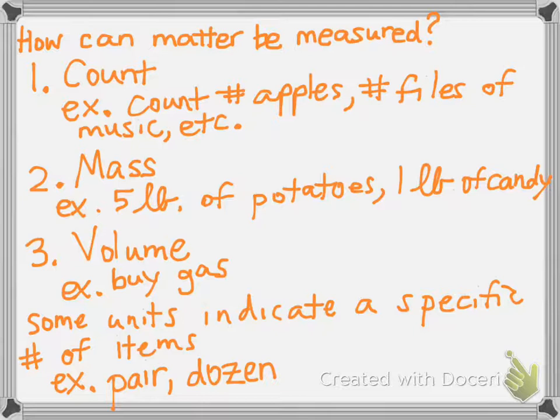If you go and buy something at a bakery and buy a baker's dozen of donuts, when you open up your bag, you expect there to be 13 donuts because a baker's dozen means 13. So we have some units that indicate a specific number of items, like pair indicating 2 and dozen indicating 12.